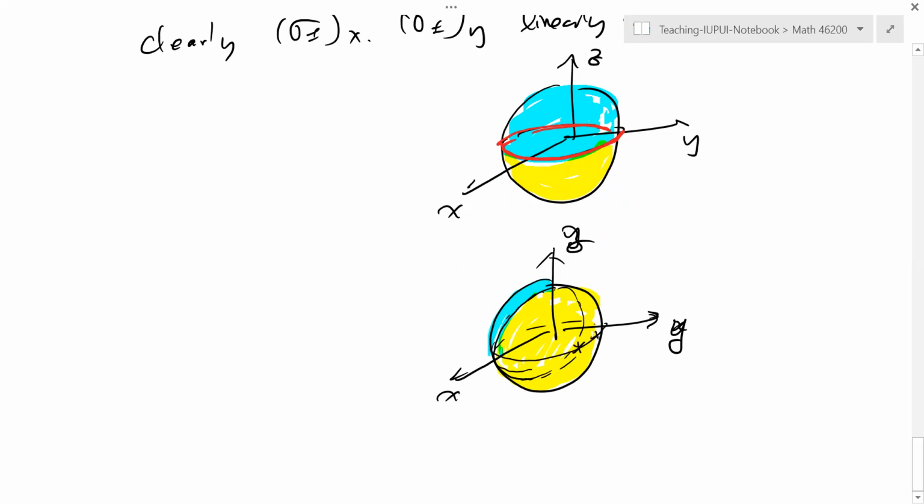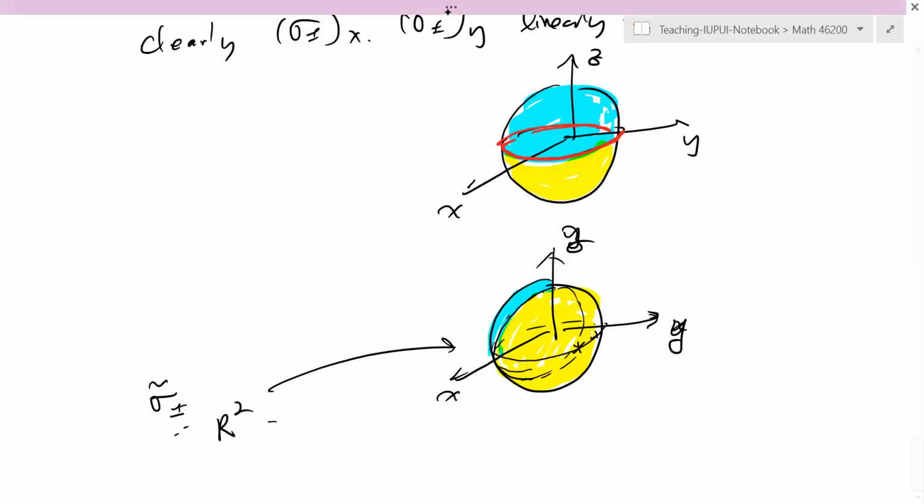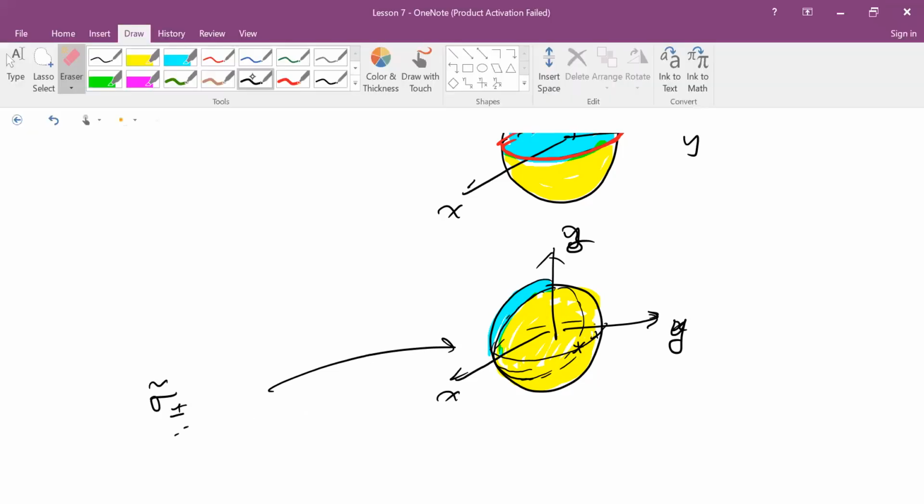Now most of the points on the equator are covered by two of them. So I can use sigma plus and minus. This is going to be a map from a disk, still a disk.